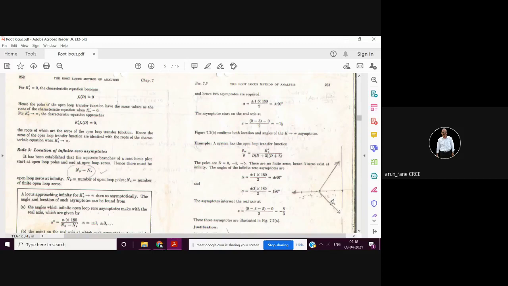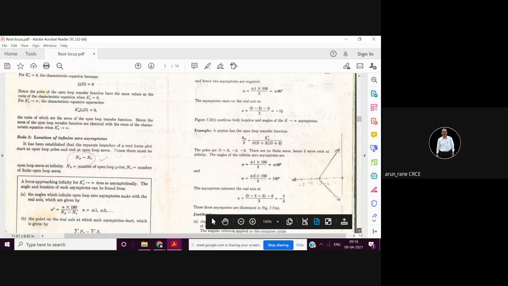It is a tangent drawn to the root locus and going to infinity. So if the root locus is like this, the line drawn which is tangent is called the asymptote.